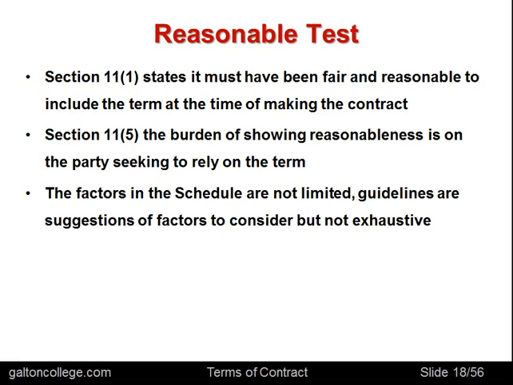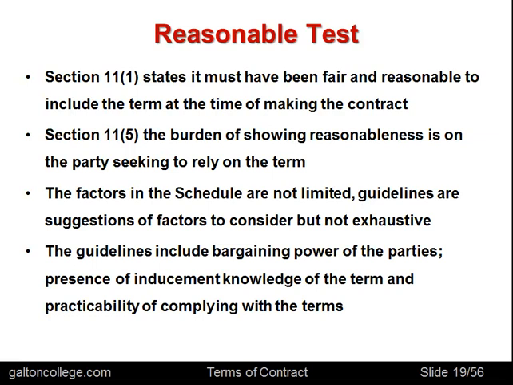But that schedule is not exhaustive. It can't be. We live in a world where circumstances are changing, technology is changing, many aspects of our daily lives are changing. So it would be unreasonable to imagine that Parliament could come up with an exhaustive list of what it considers to be reasonable.